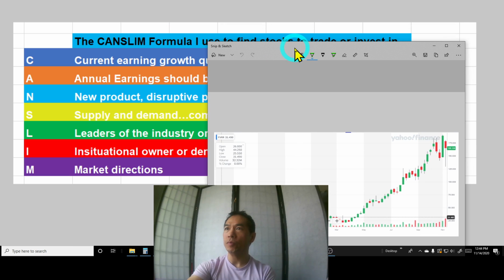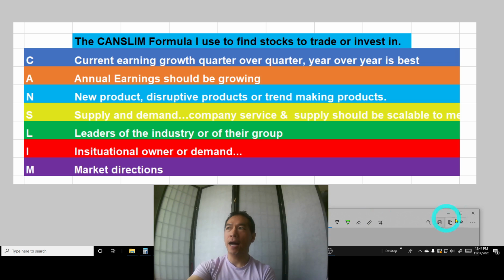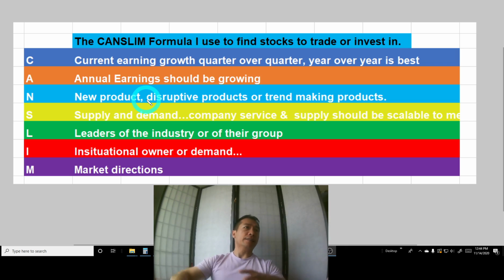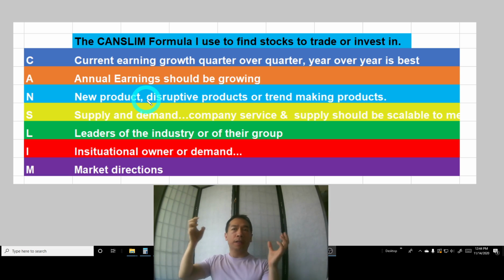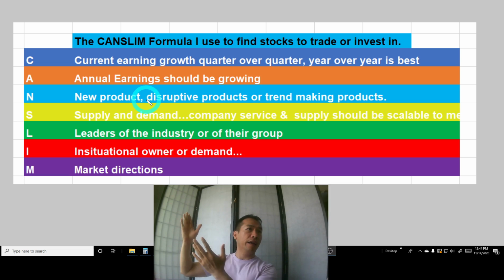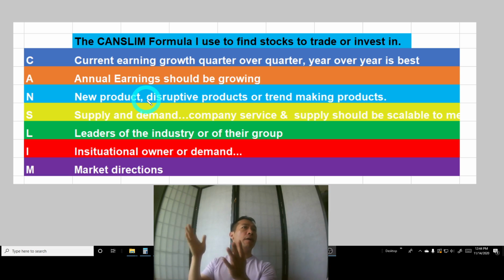So basically, that is how the CanSlim formula works. Okay, when you find a stock that fits all the pieces of the CanSlim formula or the acronym, and when the market direction is in an uptrend, normally these stocks will perform very well. Okay, they will perform very well.